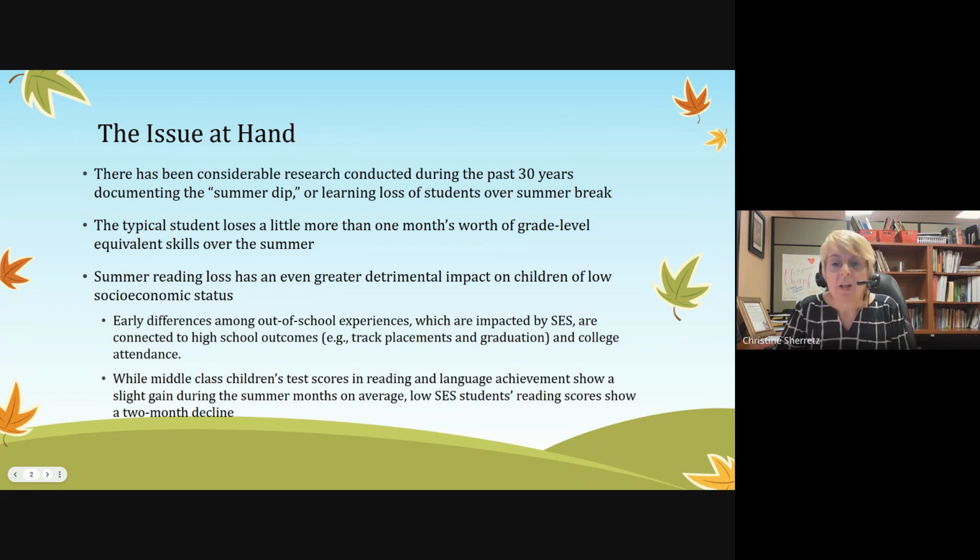But kids from low socioeconomic backgrounds and struggling readers lose more in the summer. They lose about 3 months of reading growth. So some people say, well, the reason some kids are not learning as much is in the school year. That's not what research shows. What research shows is it's the summer that's causing the gap.